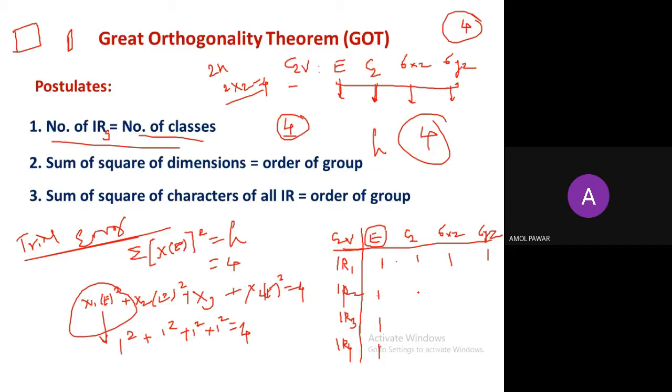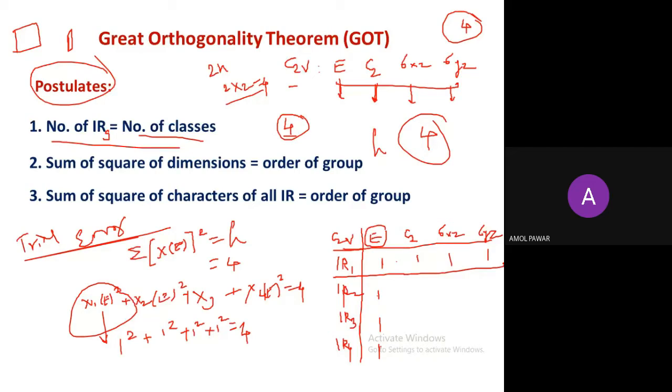We are trying to write numbers or characters on the basis of the postulates of the great orthogonality theorem. First point is the number of irreducible representations is equal to the number of classes, 4. Second is each character table of a point group must have a totally symmetric irreducible representation. So we have written here 1, 1, 1, 1.